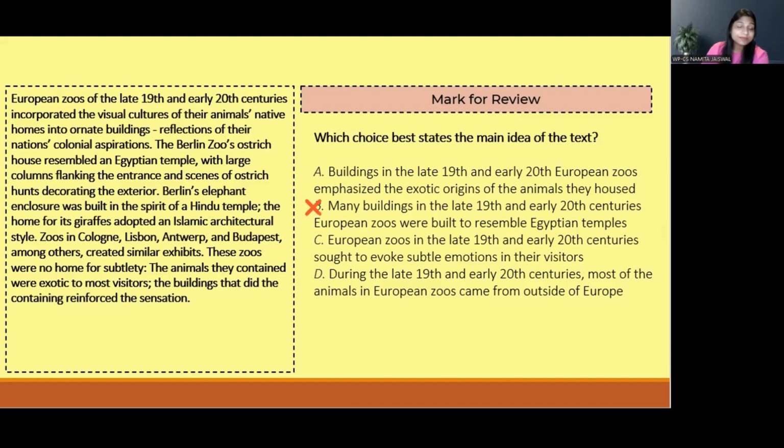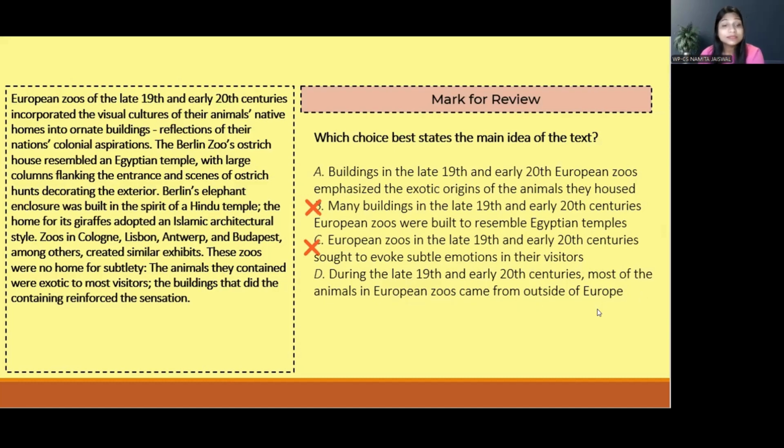Now, option C. If you just look into it, okay, European zoos in the late 19th and the early 20th centuries sought to evoke subtle emotions in their visitors. Okay, now the passage states that the designs were bold and obvious rather than subtle, making this choice incorrect. Now, option D, during the late 19th and the early 20th centuries, most of the animals in European zoos came from outside of Europe.